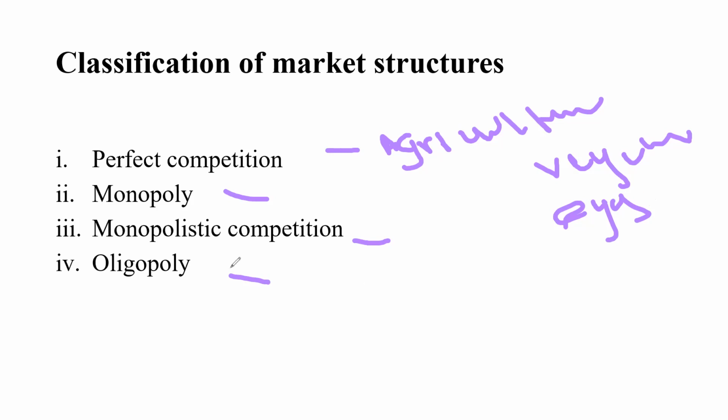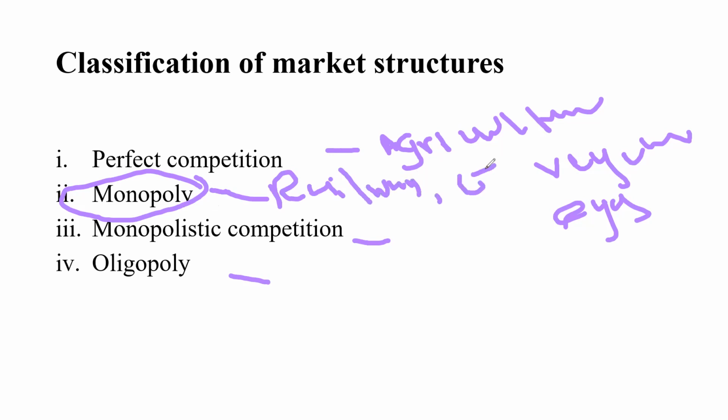Then if we consider monopoly market structures with reference to the Sri Lankan context, we can identify the railway, then the CEB.